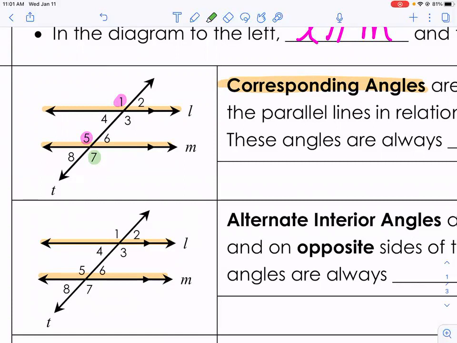Now 7 is in this bottom group. Up here in the top group, which angle is in the same position? 3. Do you see how it's bottom right? And bottom right, 3 and 7 are in the same position.